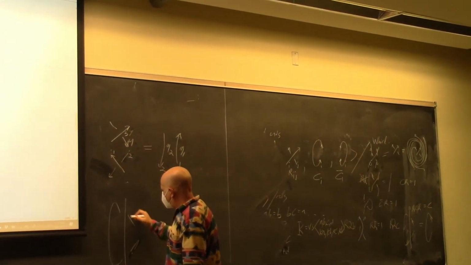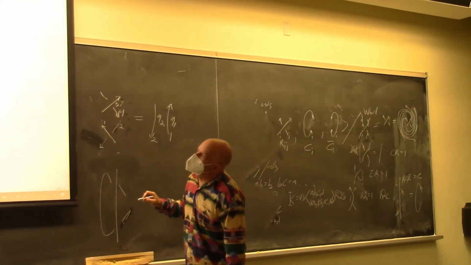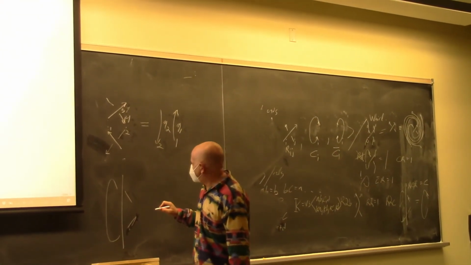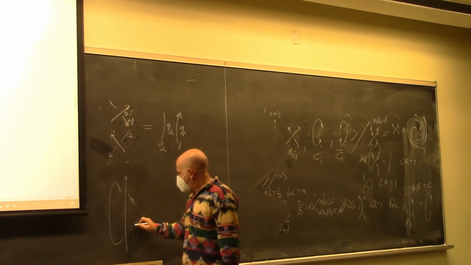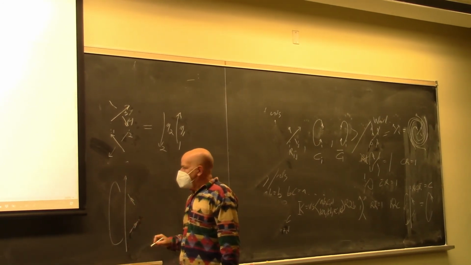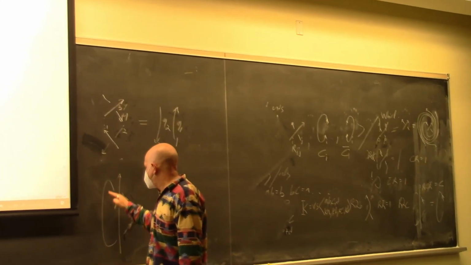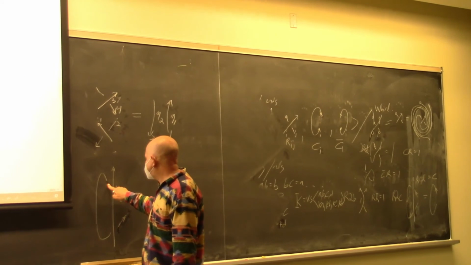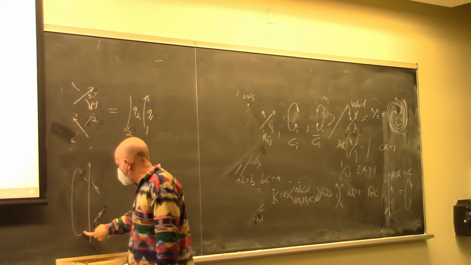So let's label the strands. So now everything is pointing up. And let's call the strand, so basically the C strand. So the C strand is, say, from here to here.